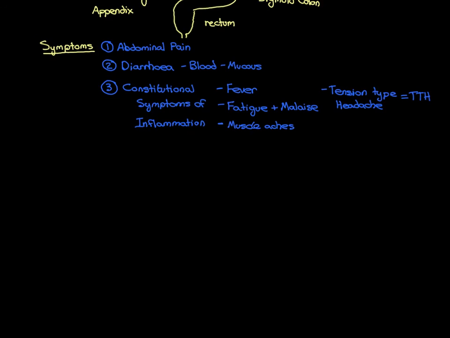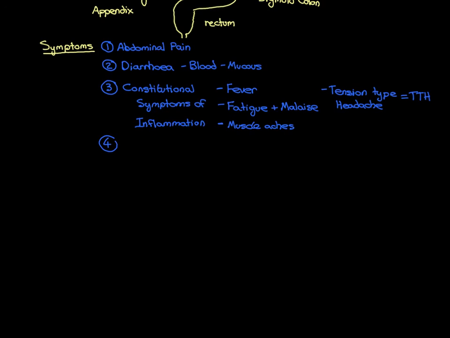So when you have a flare-up of inflammatory bowel disease, of course you have inflammation occurring in that portion of the intestine. It will be releasing loads of inflammatory mediators into the blood, and therefore you can end up with these constitutional symptoms of inflammation from these mediators going all over the body and taking effect. Okay, so that is another major category of symptoms of inflammatory bowel disease flare-ups.